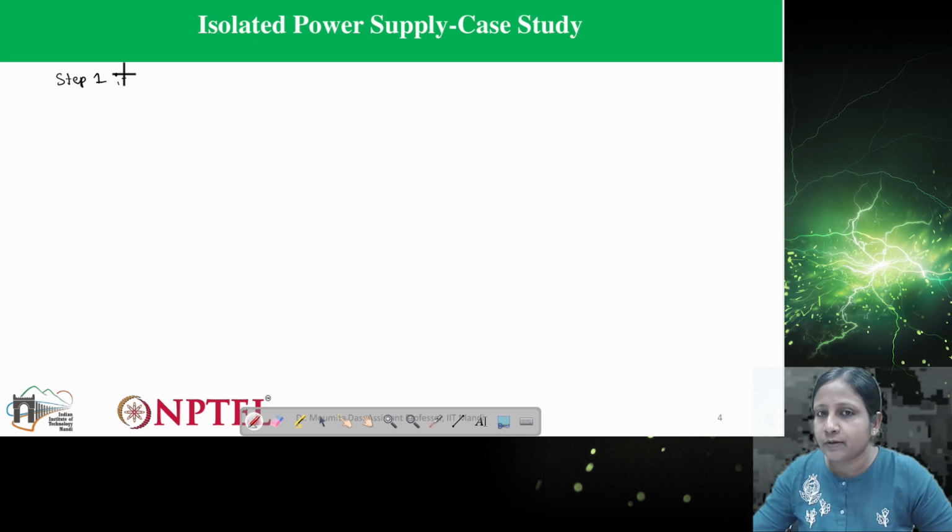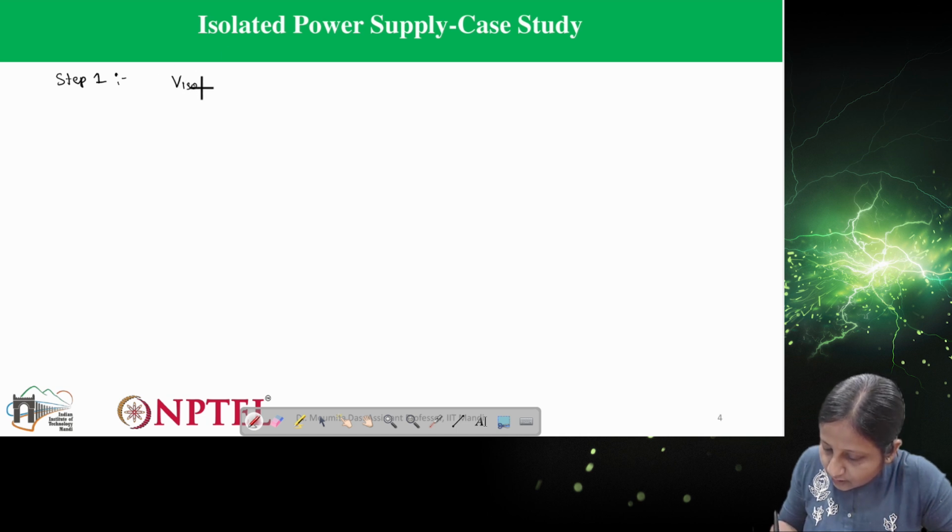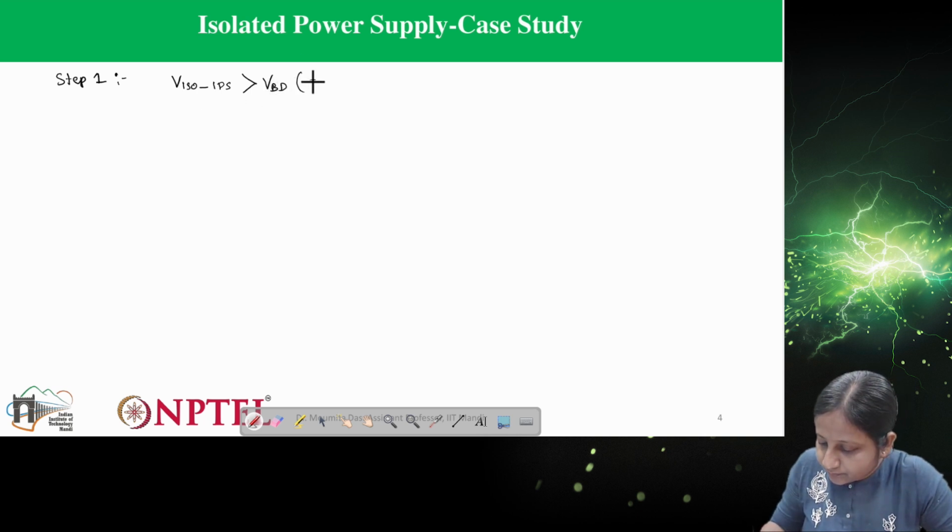Again it is similar to the previous component, so it comes from the breakdown voltage. So isolation voltage for isolated power supply should be more than the breakdown voltage of the device, which is equal to 1200 volts.